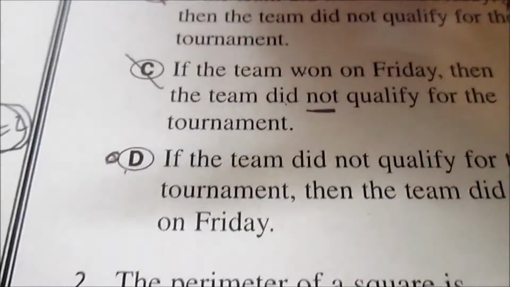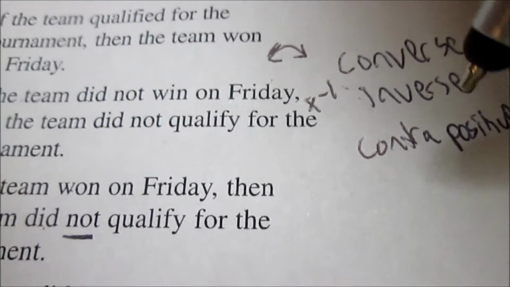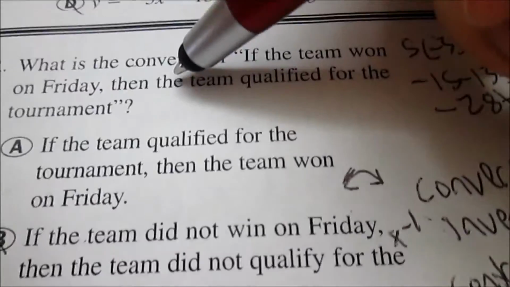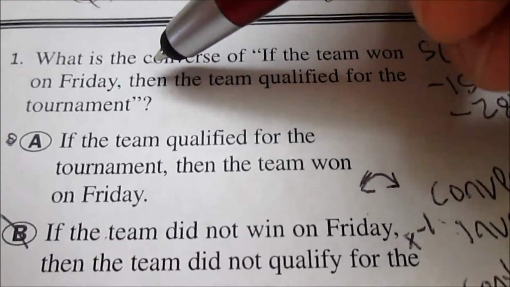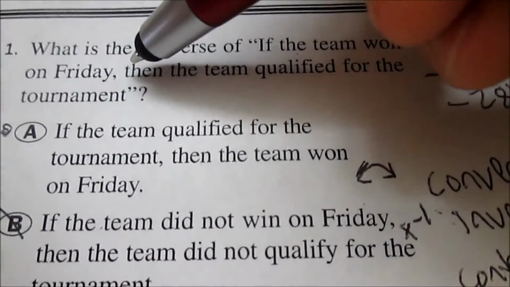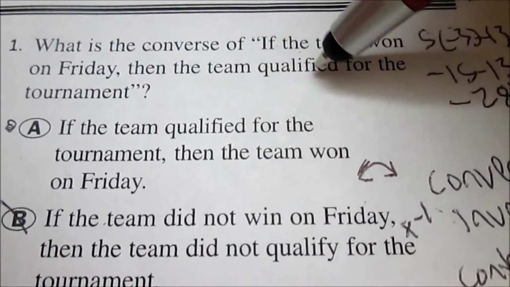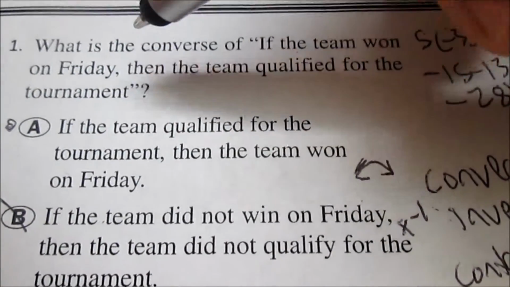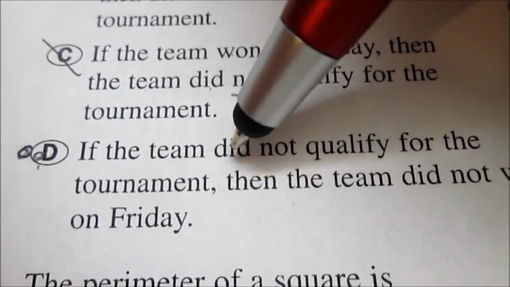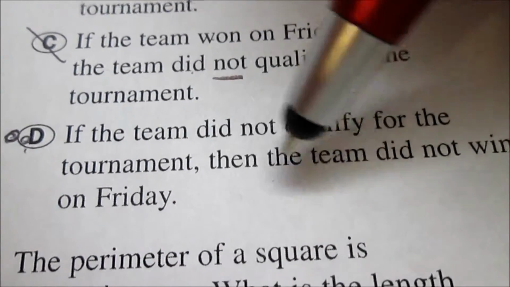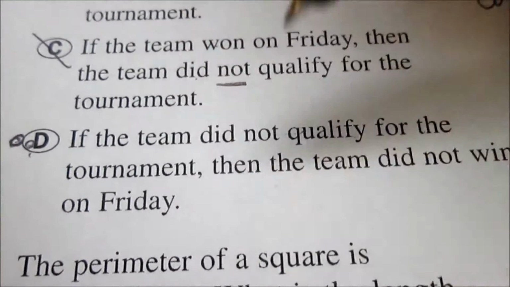And in short, what contrapositive means, just look at the word contrapositive. It's kind of complicated, and that's exactly how it is. It's complicated. You not only switch the phrasing around, you put, if the team won, you put that at the last part, and you put the team qualified for the tournament, you put that at the beginning, like this. Tournament, qualifying, and then that's the beginning. The last part is did not win.